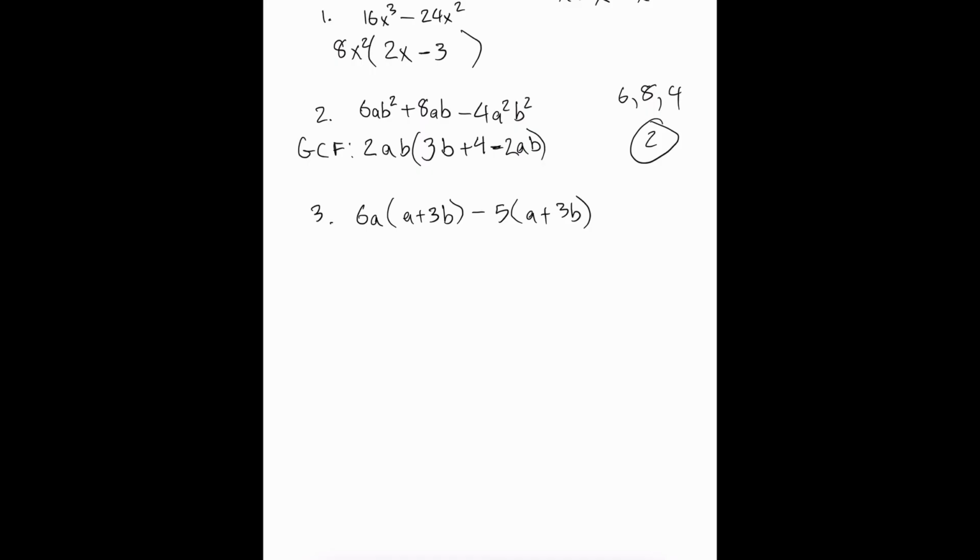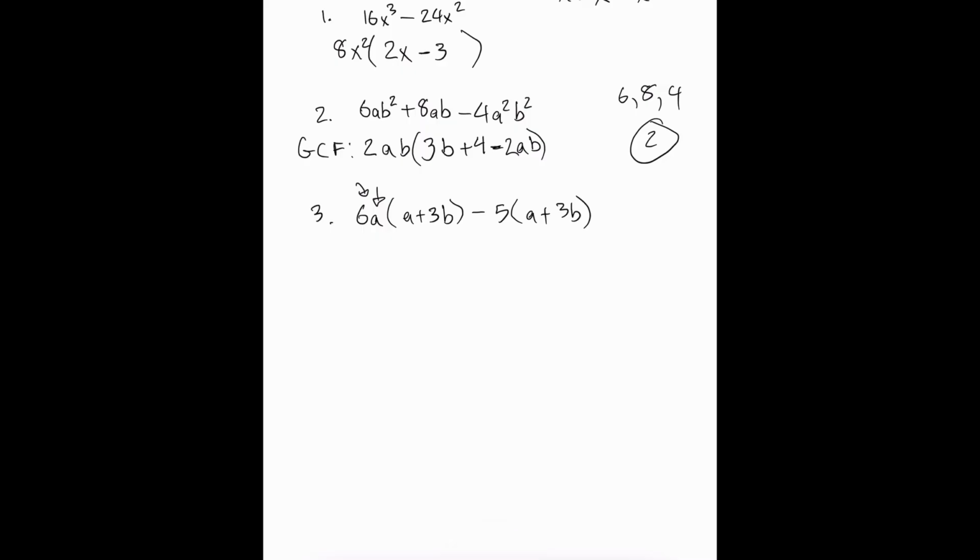You ask yourself, is there a number that divides both 6 and 5 without leaving a remainder? The highest number would be 1. So between 6 and 5, the greatest common factor is 1. So we don't need to put 1 down because it's implied. Okay. The next, is there an A that's also beside the 5?